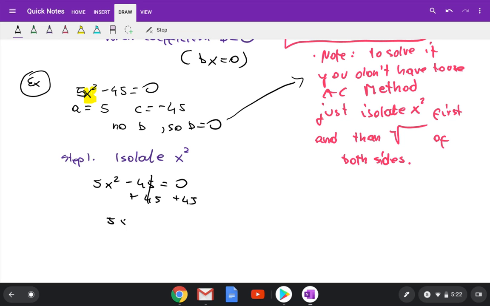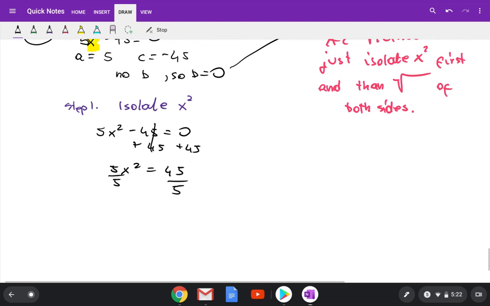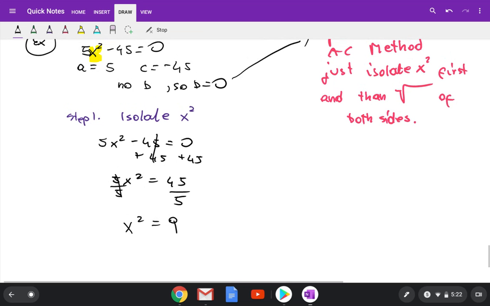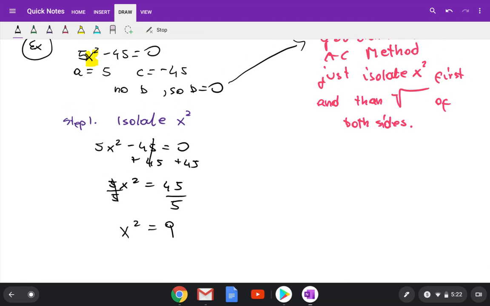You're getting 5x squared equal 45. Divide each by 5. And we're getting x squared equal 9. So when you isolate that x squared, then you will move here. Next, what you're going to do, isolate x squared first and then take the square root of both sides.